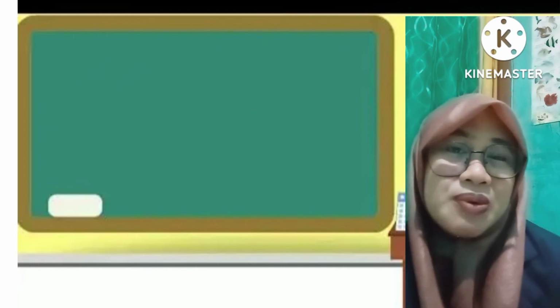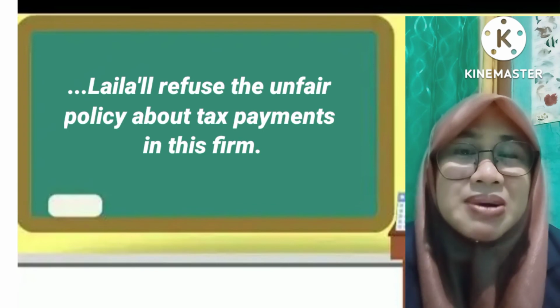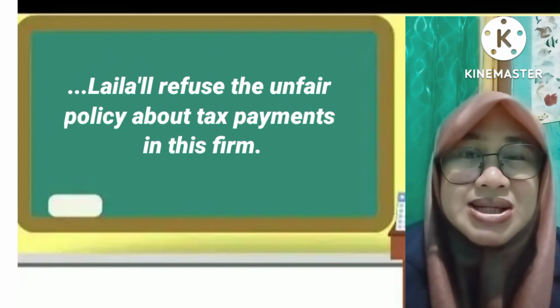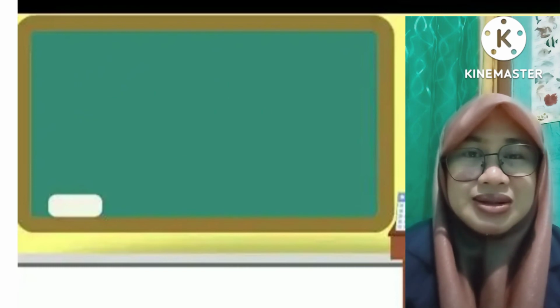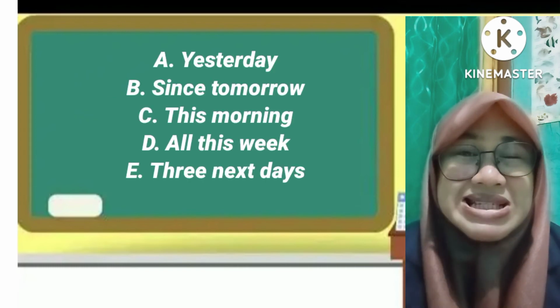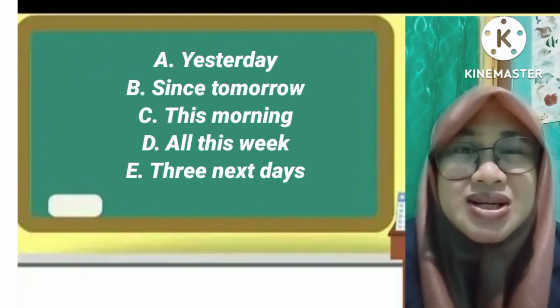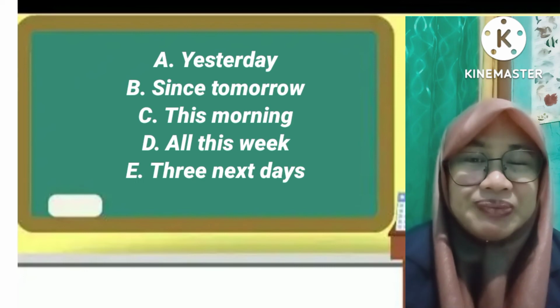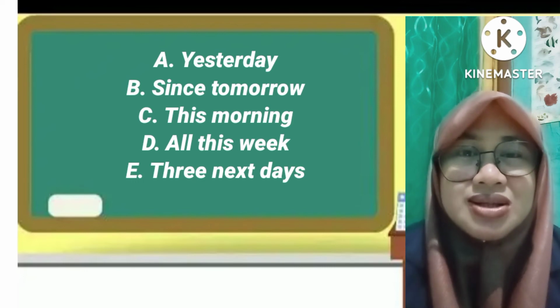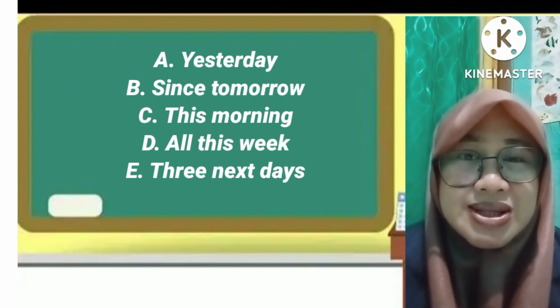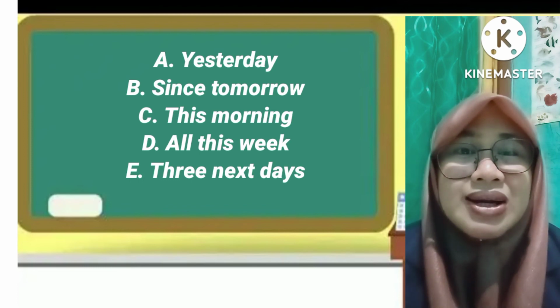Okay, next, question for number 5. Blah blah blah, Laila reviews the unfair policy about tax payment in this film. A. Yesterday. B. Since tomorrow. C. This morning. D. All this week. E. Three days later. In this question, adverbs of time for the simple future tense are marked with Laila will.